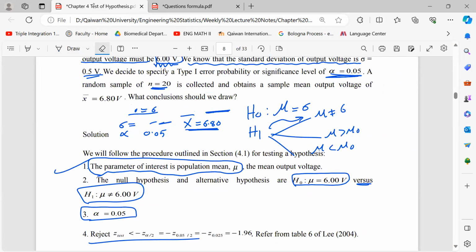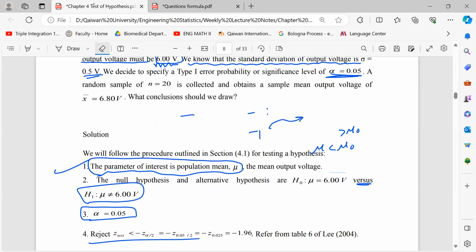Now, let's write down everything here. It's so easy. And all the other topics are the same. There is no difference between this topic and the difference of means, and also difference of proportions.